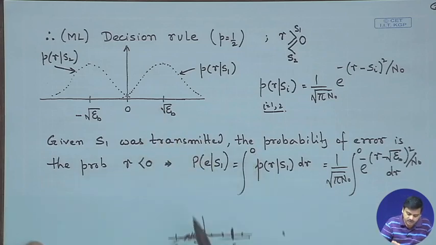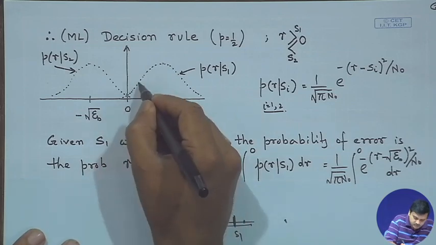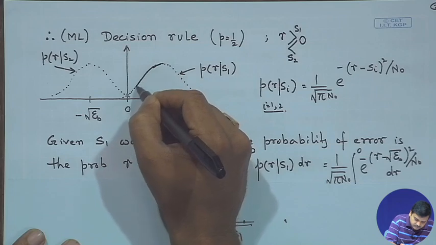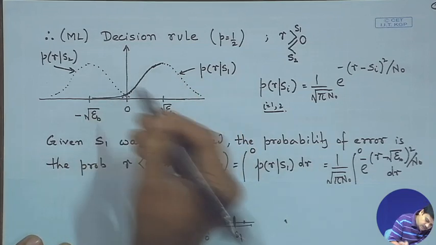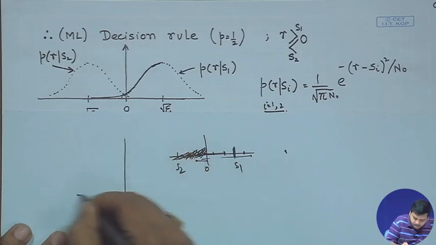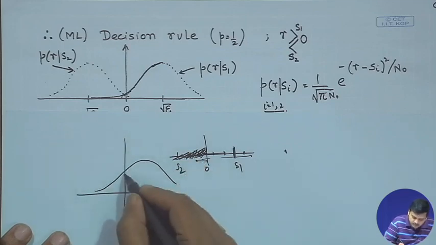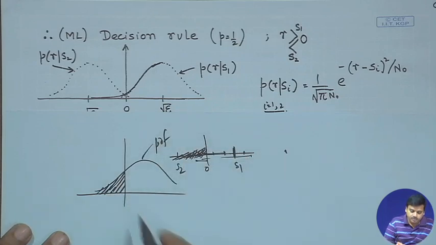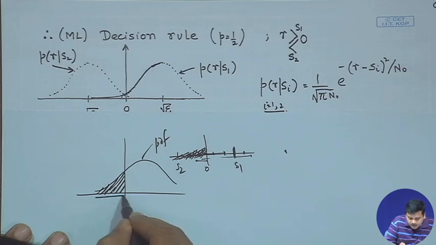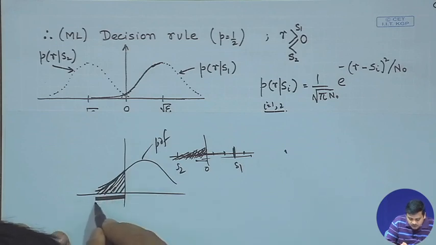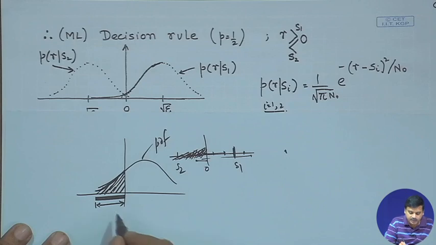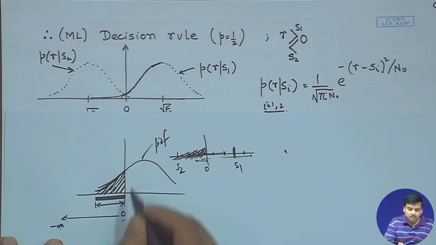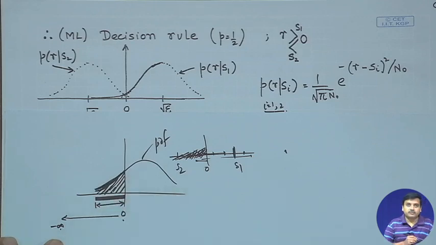So, that is the probability of error conditioned on S1, that means we are saying S1 is sent, is the integral from minus infinity to 0, because we would like to find this part. This PDF goes like this. If this is the PDF, the probability is equal to the area under this curve covering this range of values, from minus infinity to 0, right.